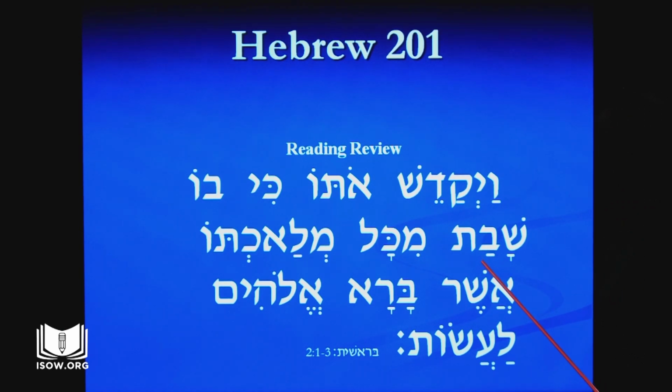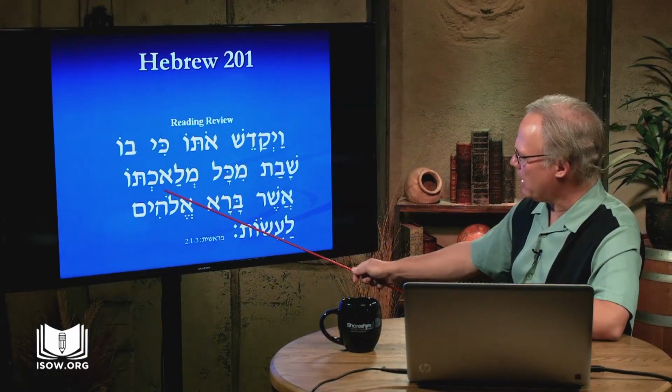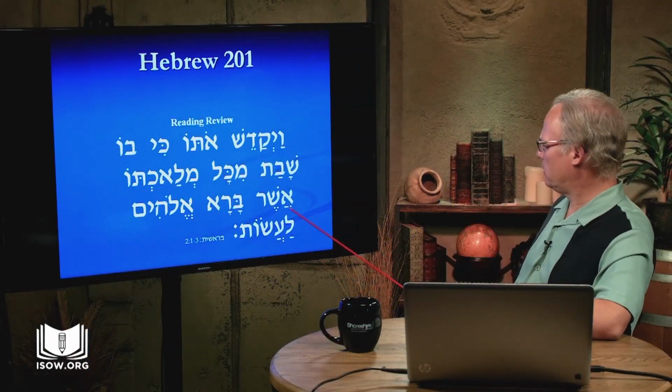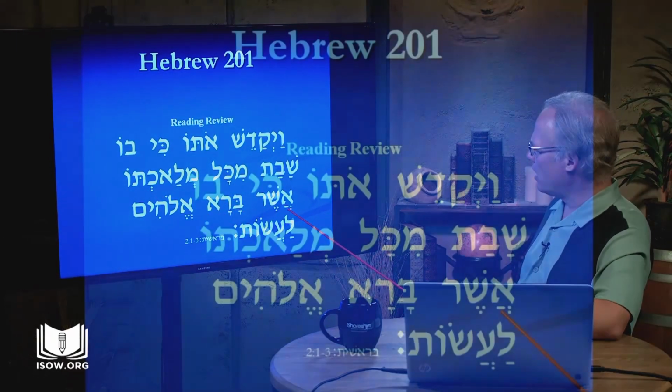Shavat. Mikal. Melachto. We've had that word several times. So this line, Shavat Mikal Melachto. This line, Asher.